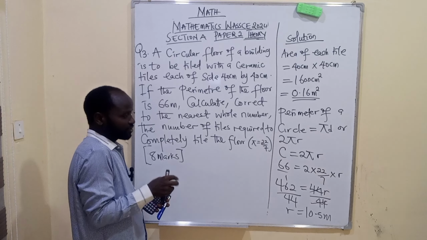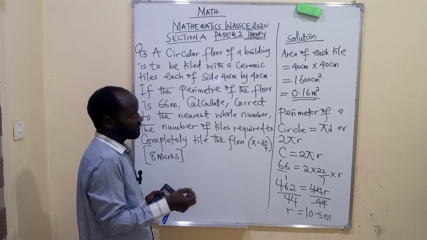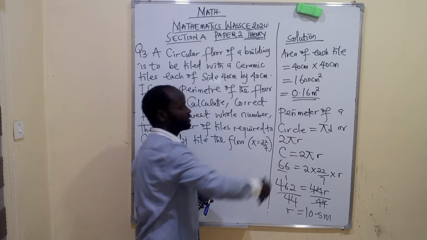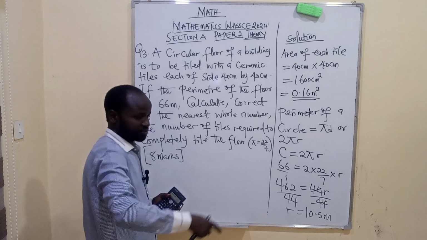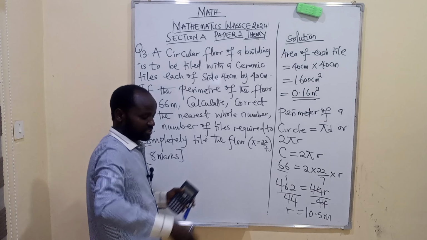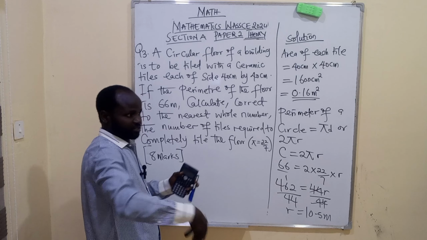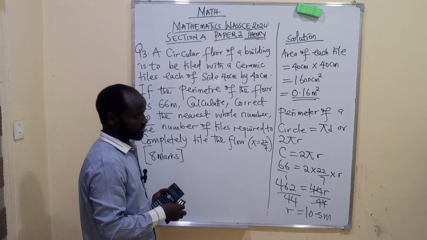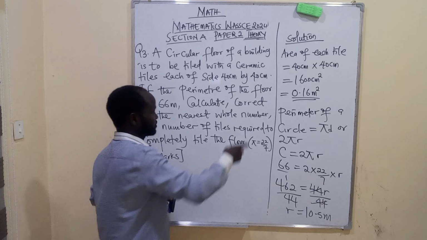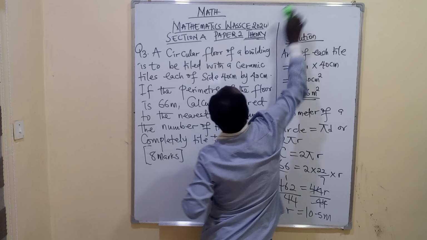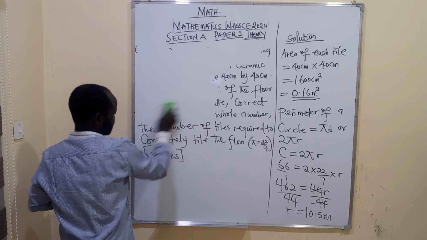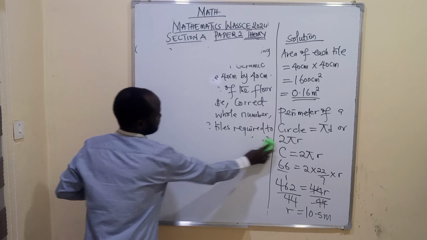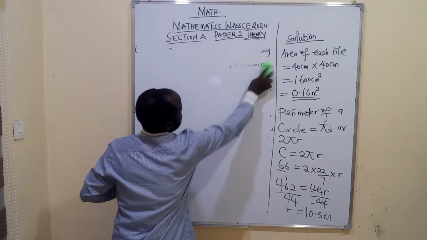So to find the number of tiles, we have to find the area of each tile, then find the area of the circle, which is the amount of space that an object occupies. That's what we mean by the area of a plane shape. Since we are almost through, let's move here. We can find the area now.